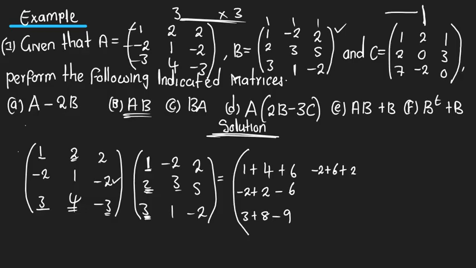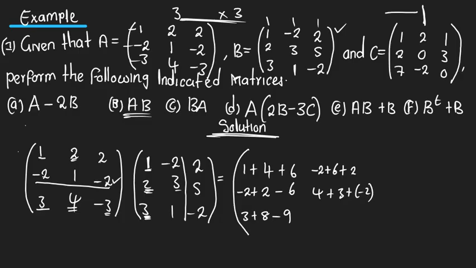Then we go to the second one: negative 2 multiplied by negative 2. We're using these figures now, multiplying by these. So negative 2 multiplied by negative 2 is going to be positive 4, plus 1 multiplied by 3 is going to be 3, plus negative 2 multiplied by positive 1 is going to be minus 2.